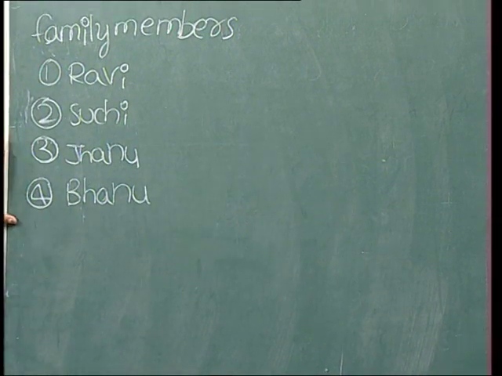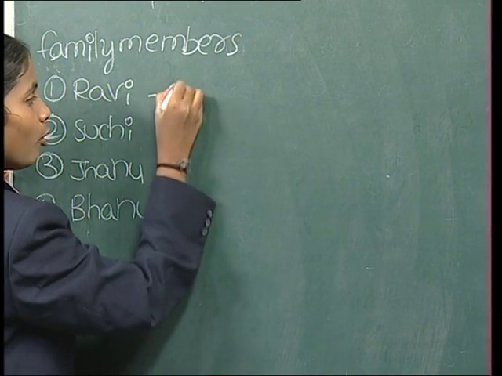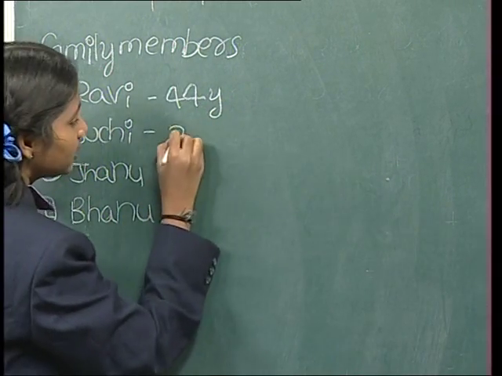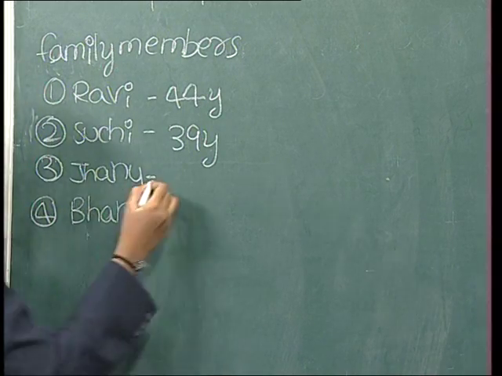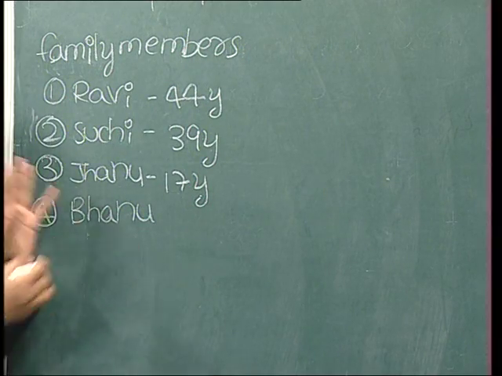What are these family members' ages? Yes, Swaros. Ravi's age is 44 years, Suchi's age is 39 years, Janu's age is 17 years. Then last, Banu's age is 12 years.